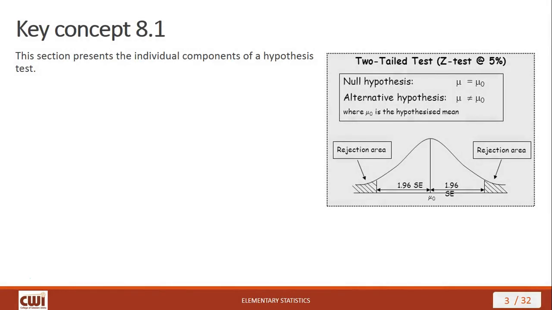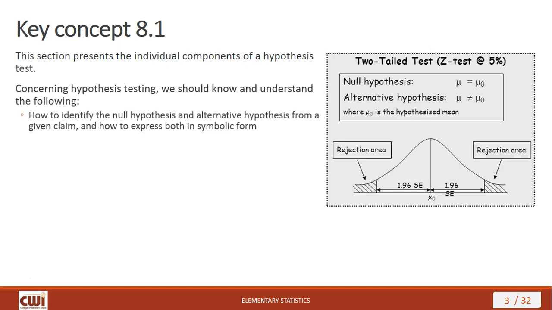So, this section presents the individual components for a hypothesis test. When it comes to hypothesis testing, we need to know and understand a few things. First, we need to know how to identify the null hypothesis and the alternative hypothesis from a given claim, and how to express each of these in symbolic form.